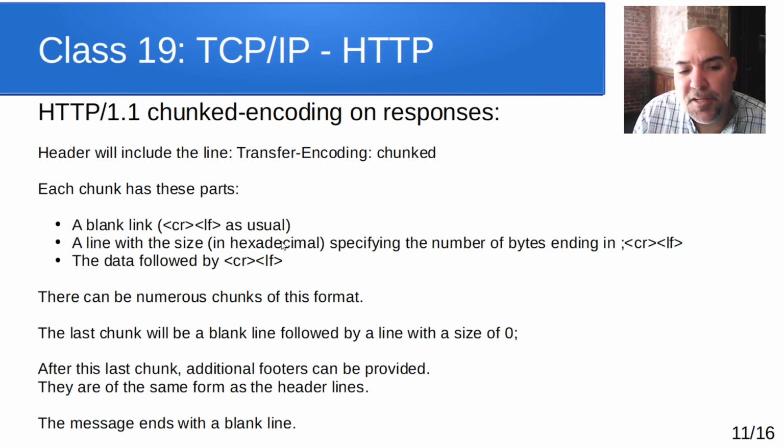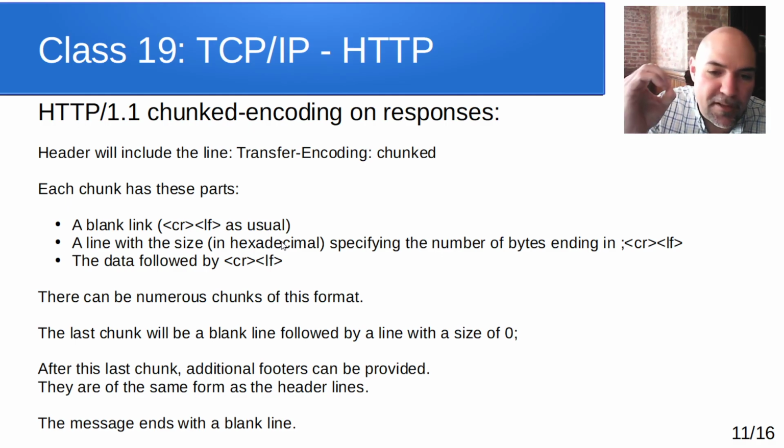The last chunk is going to be a blank line followed by a line with a size still, but that size would be 0 for the last one. And then after that last size, there can be additional headers, and they have the same form as the header lines at the top, in other words, key, value in a text format. And then the entire message ends with just a blank line by itself.